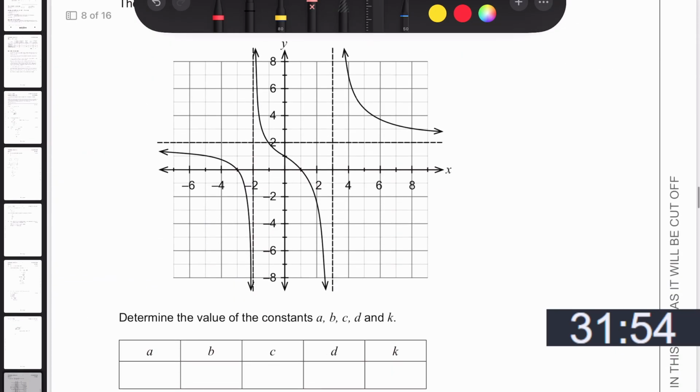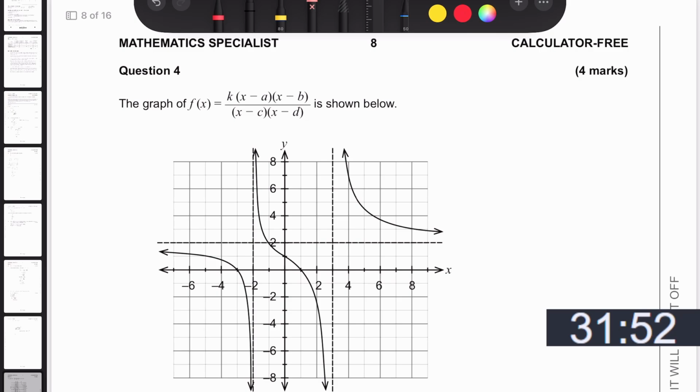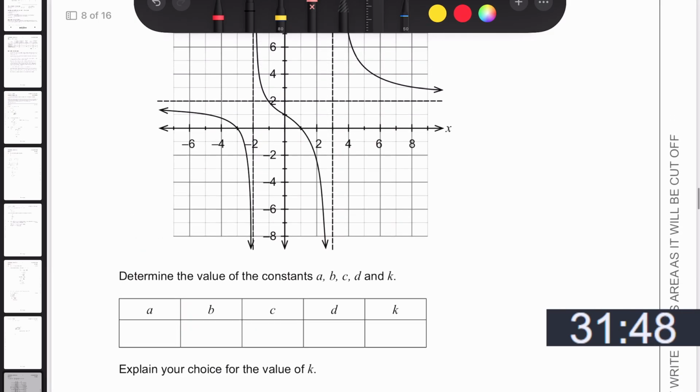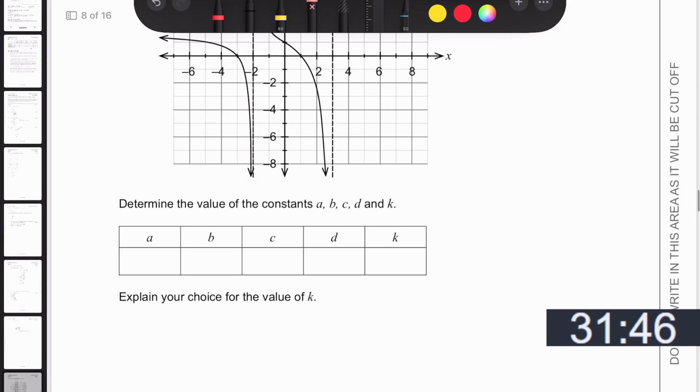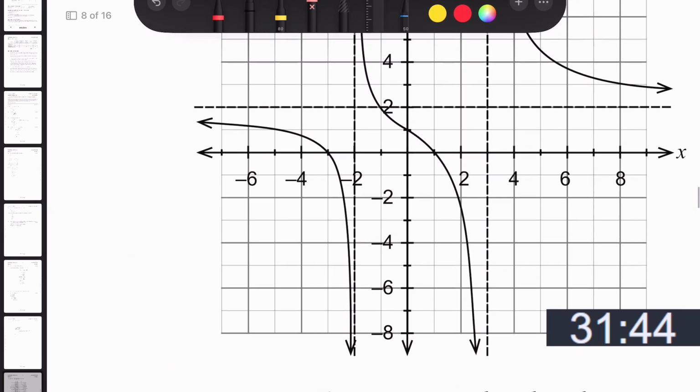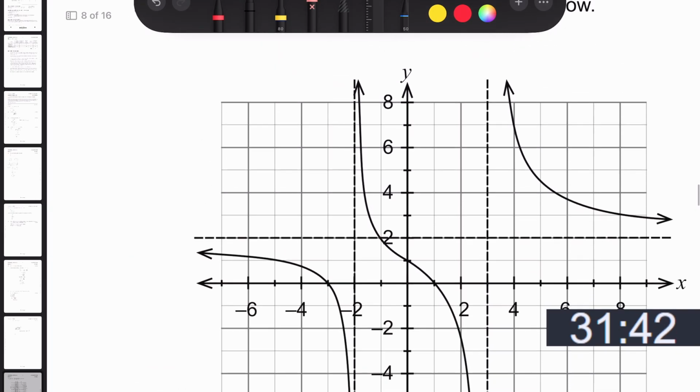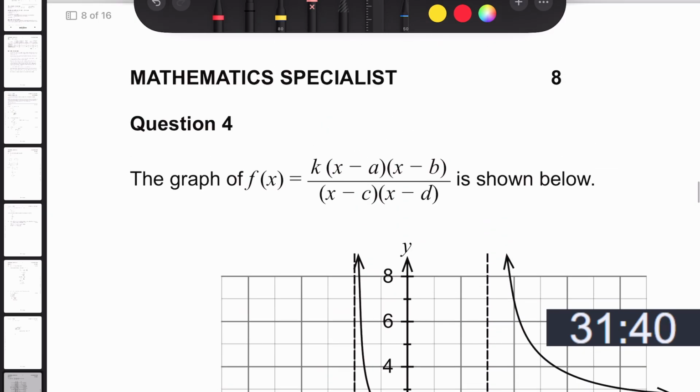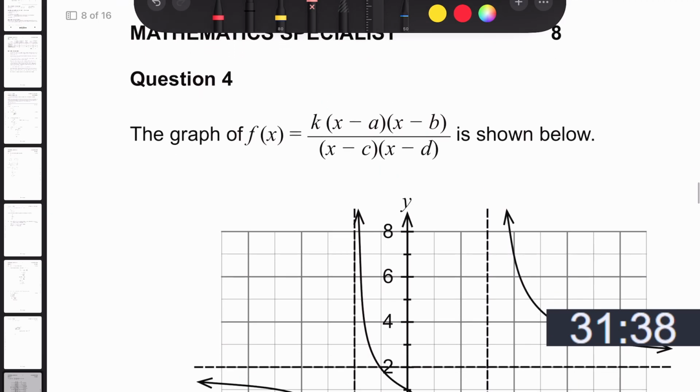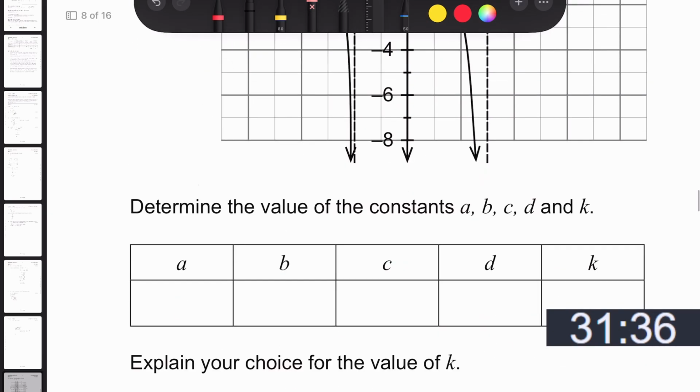Okay, 8. Graph is shown below. Determine the values. Explain your choice. Okay, so I have vertical asymptotes at -2 and 3. So let's just say that C is 2.